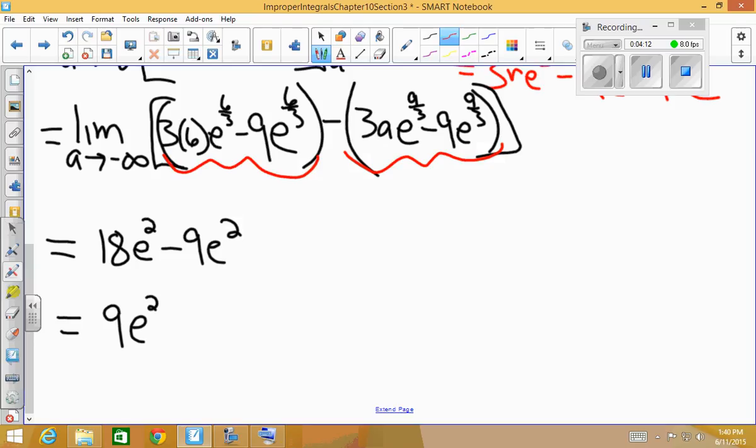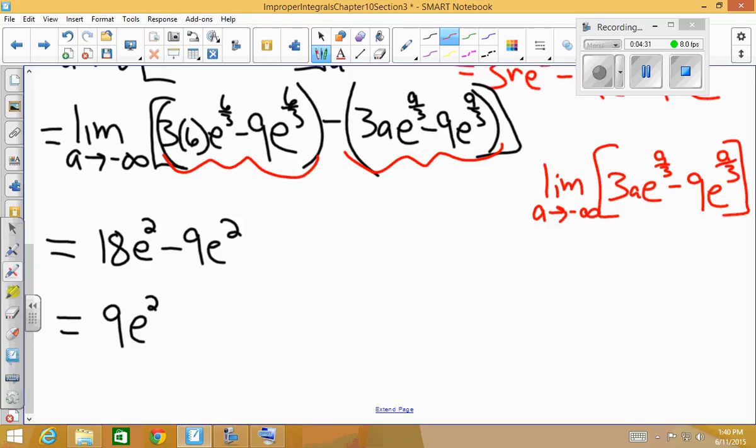Here's what we can do. Sometimes it's a little difficult to imagine those limits as a goes to negative infinity. So what you can do is you can change it up. What we can do is we can let a be equal to negative b.